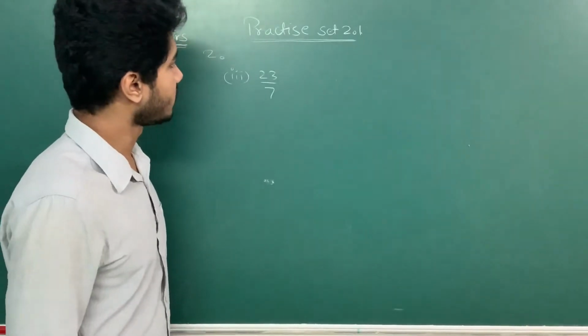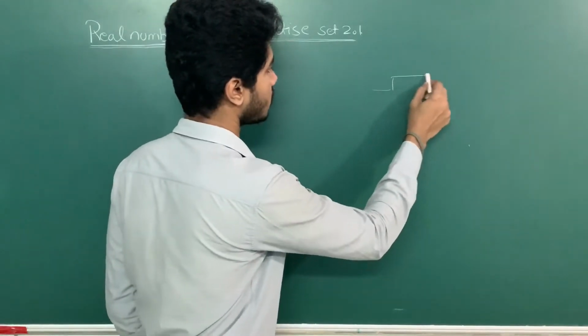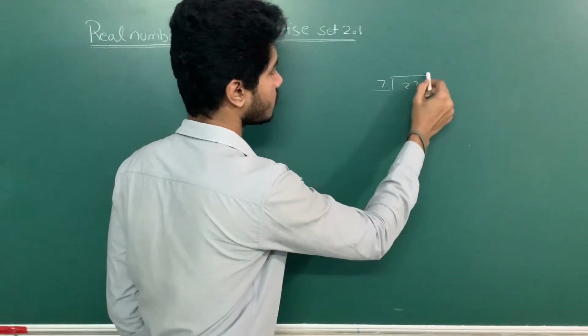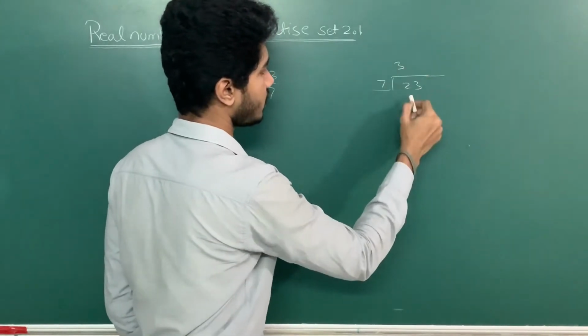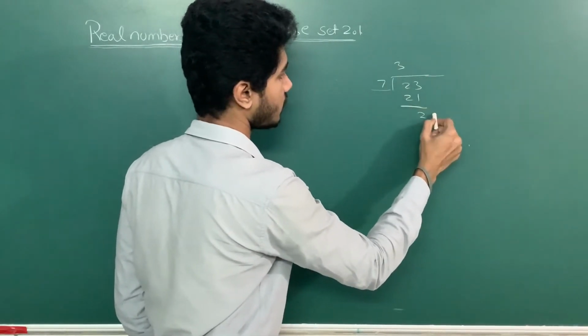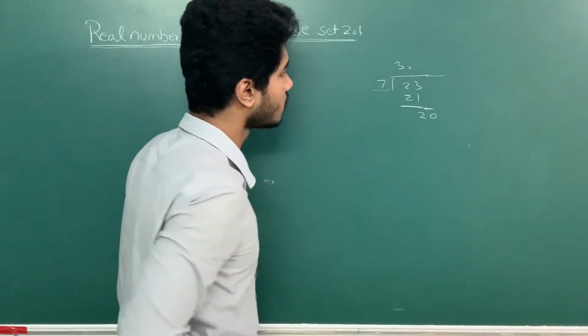Third question, 23 by 7. Same method, division. We'll start with 3, 21, you get 2, take a decimal.